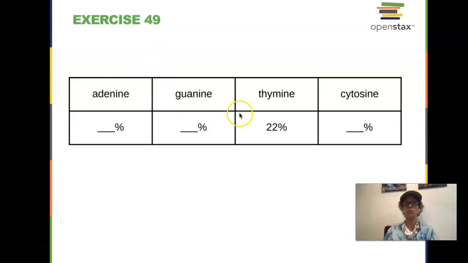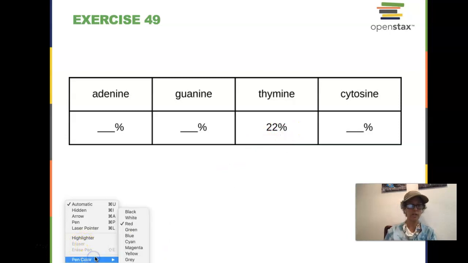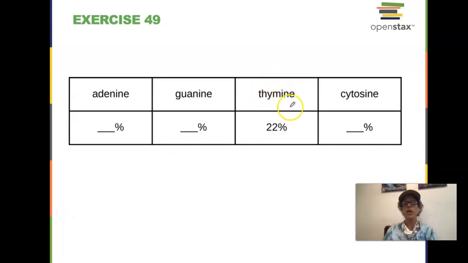Because if you know the percentage of thymine is 22%, then, let's see if I can have any shot of writing this in. Let's do it in blue. We know that thymine is always located directly across from adenine. So they have to have the same percentage because each thymine needs its own adenine. So that would also be 22%.